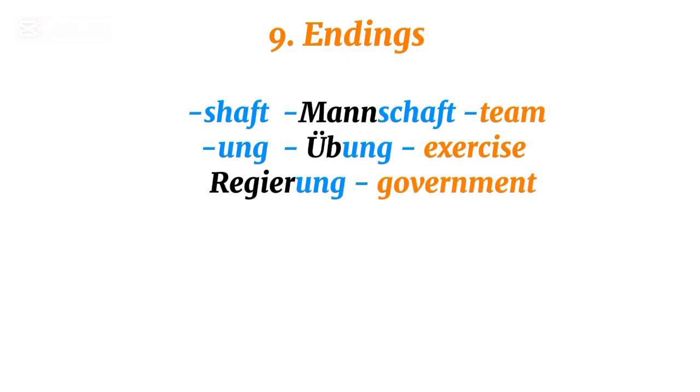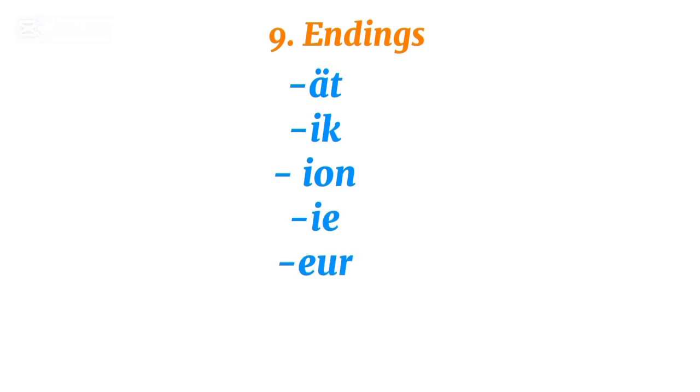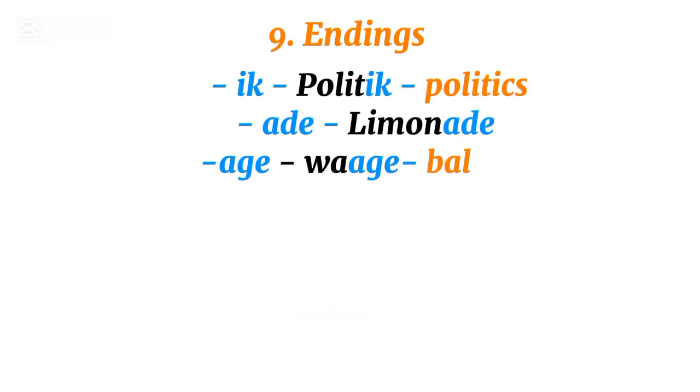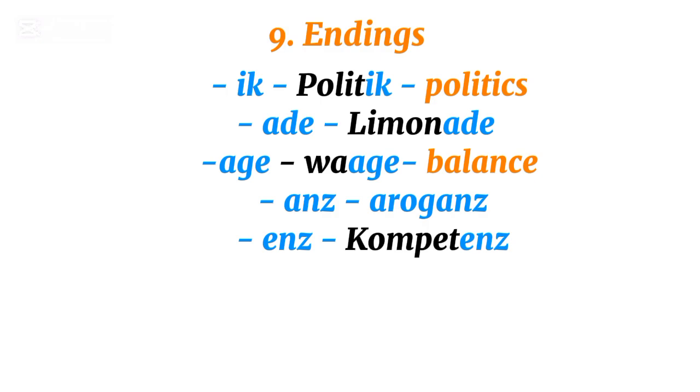All words ending with an ÄT, or IK or IO, all these they take a D. We also have endings like IK, for example Politik, this is politics, they take a D. Words ending with ADE, for example Limonade is a lemonade.